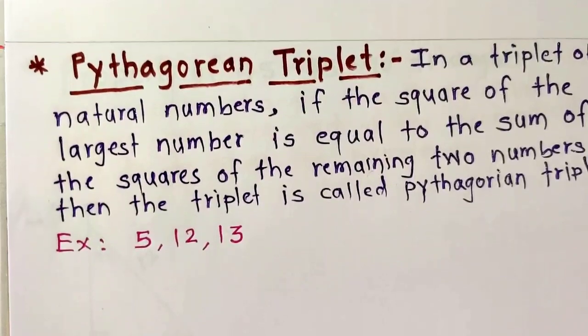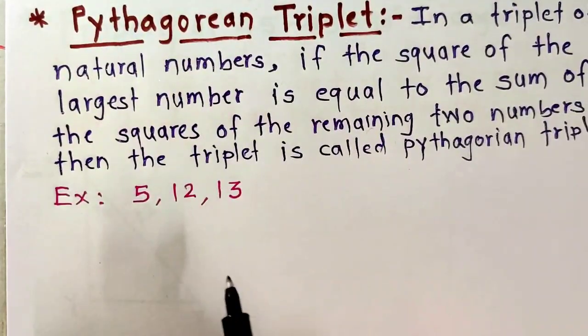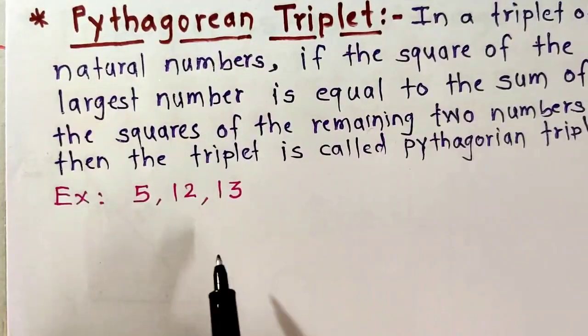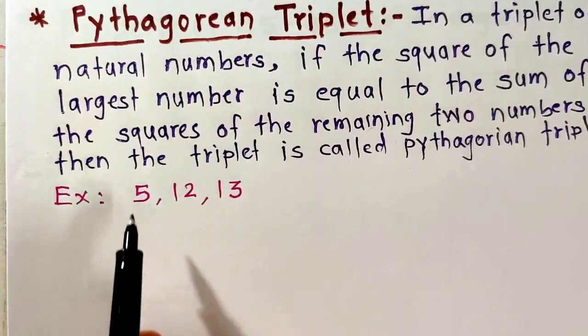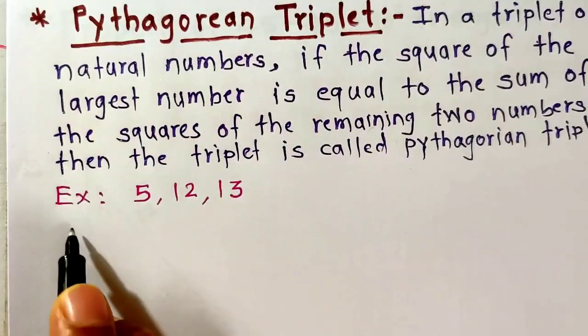So let us see one example here, 5, 12, 13 is given. Let us see the largest number. Which one is the largest number? Out of 5, 12, 13, 13 is the largest number.